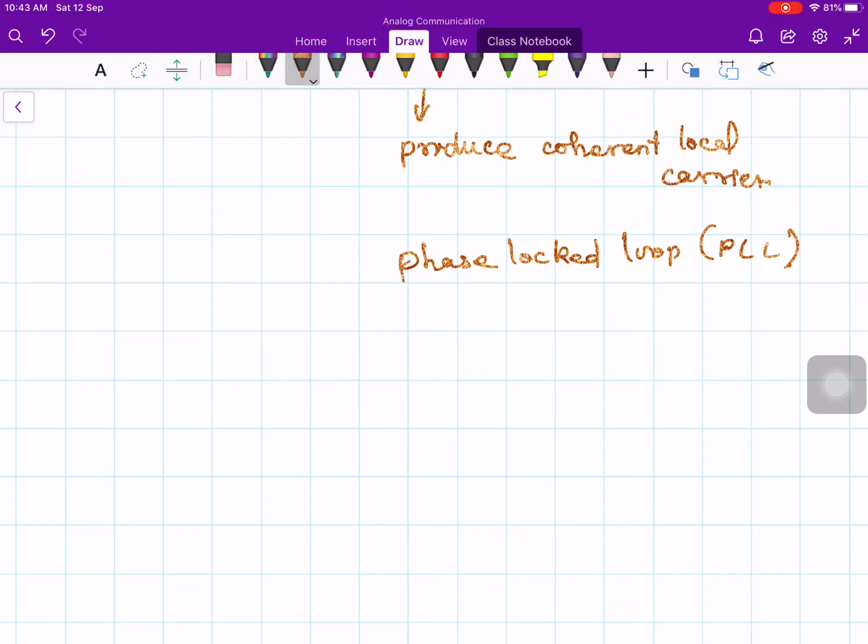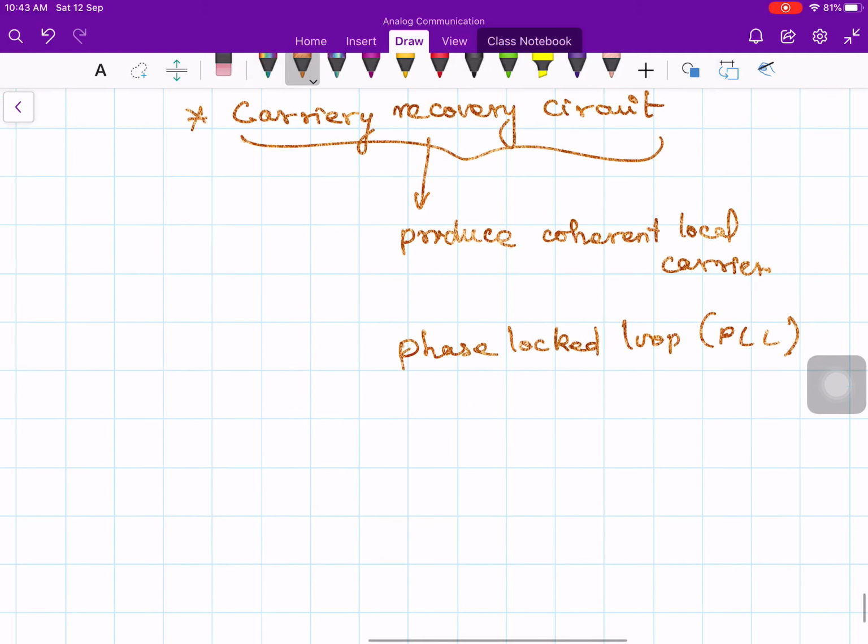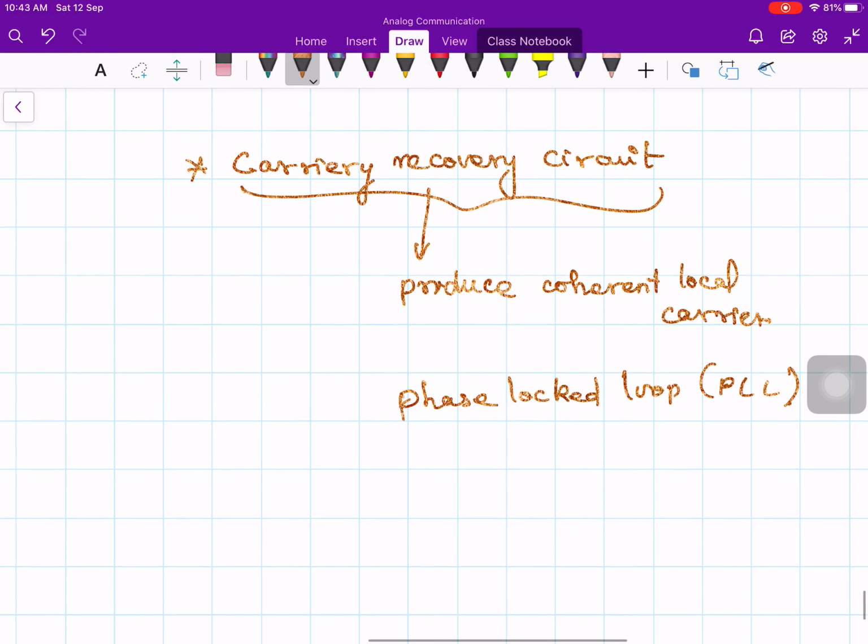Because you need to worry about carrier synchronization. And you may ask a question, because the receiver is a little complex because of this phase locked loop carrier recovery circuit, why can't we transmit the carrier? That is precisely what we are going to discuss next.